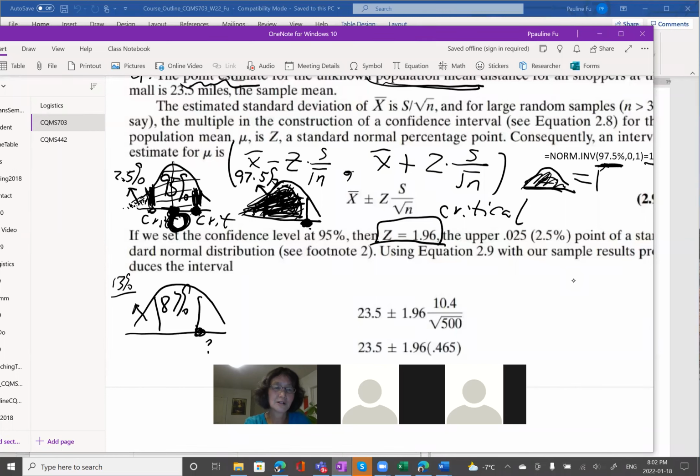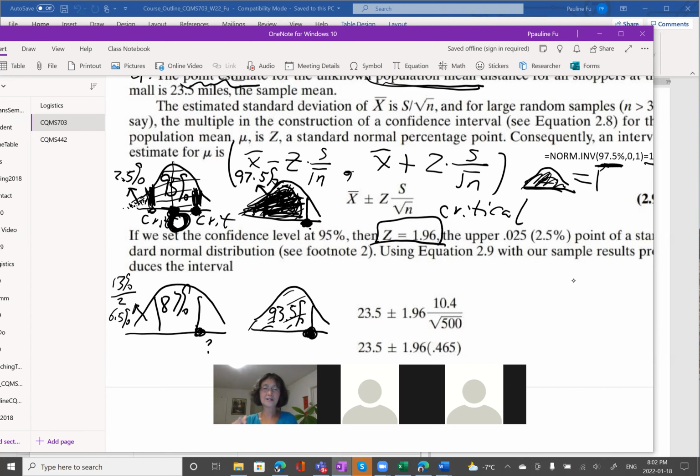Do you agree? Yes. 6.5%. So this little left tail area is 6.5%. And now, what is the area on the left of this point? You use 87% plus 6.5%. The answer is 93.5%. Do you agree? This area is 93.5% on the left side of this point.